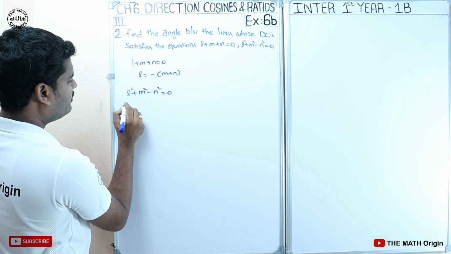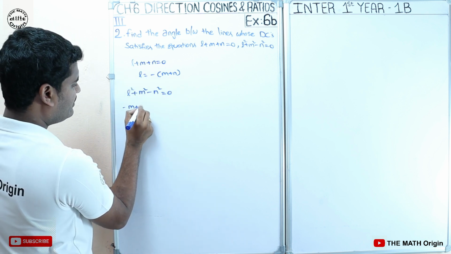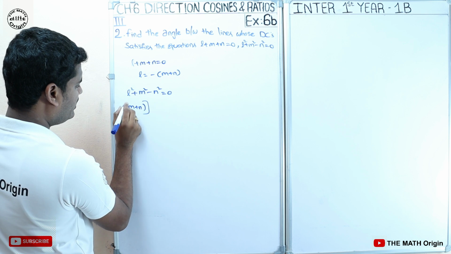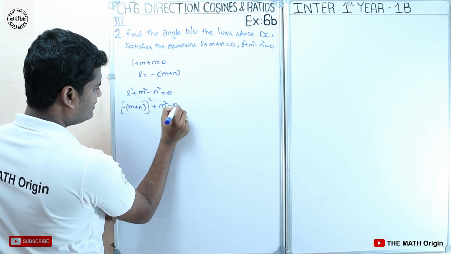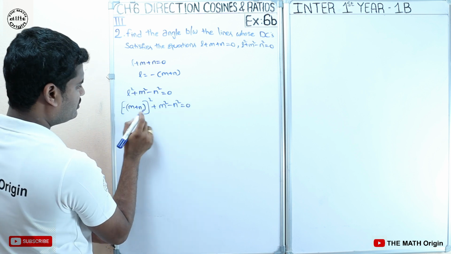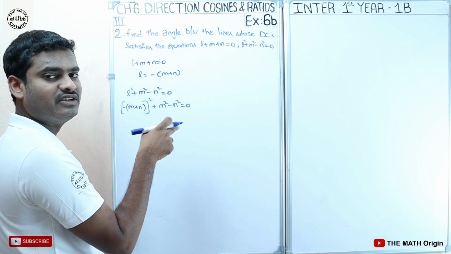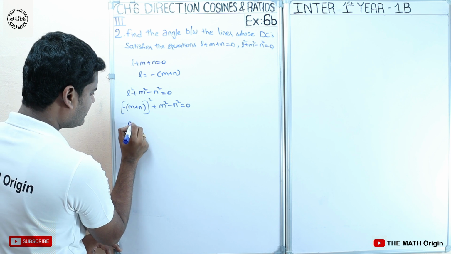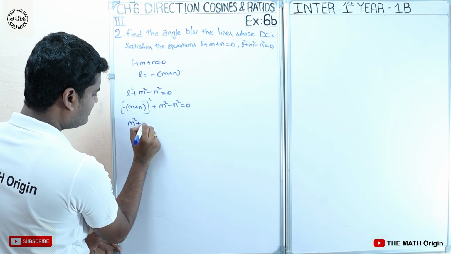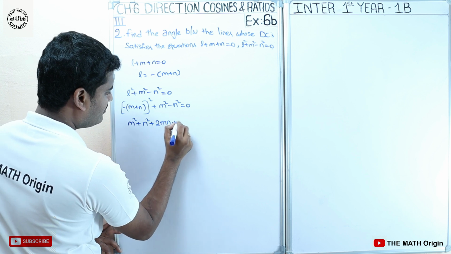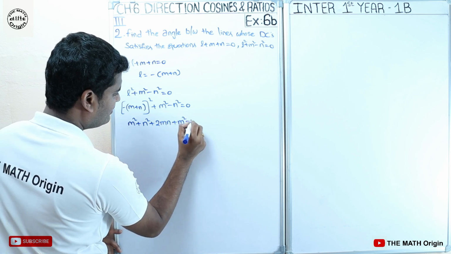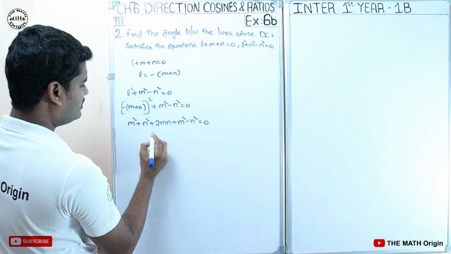I will substitute the L value here: minus m plus n whole square plus m square minus n square equals 0. So minus m plus n whole square is m plus n whole square, which is m square plus n square plus 2mn, plus m square minus n square equals 0.